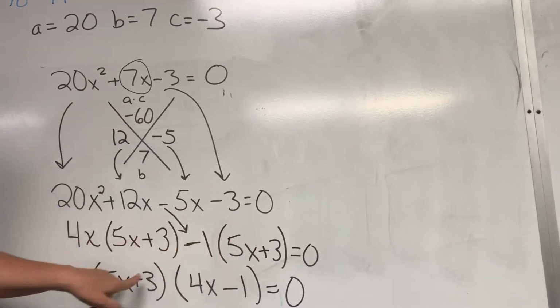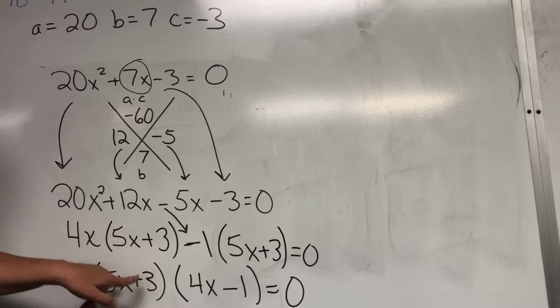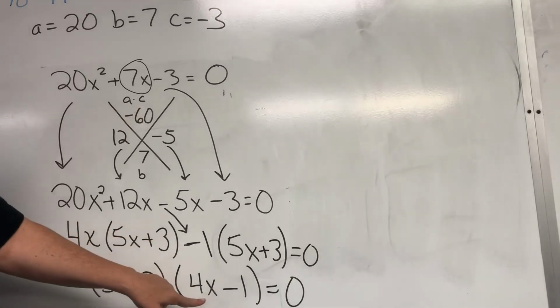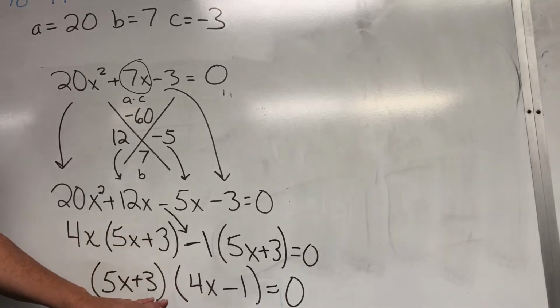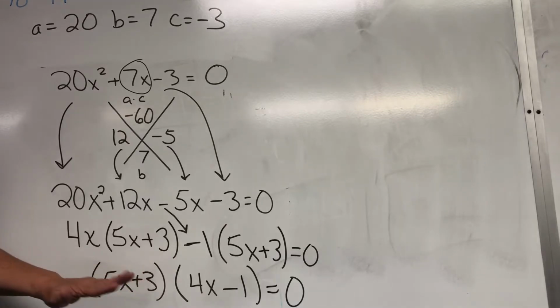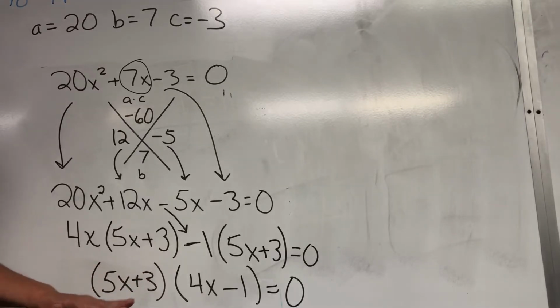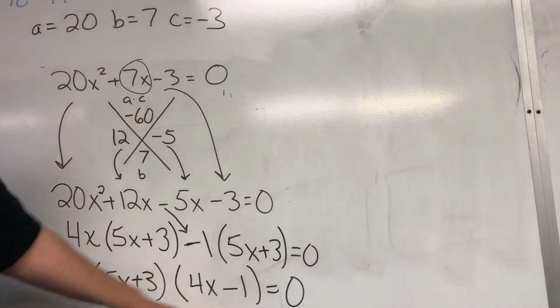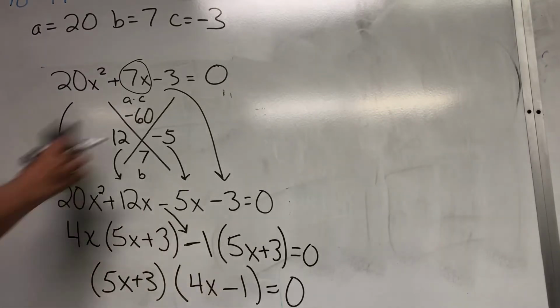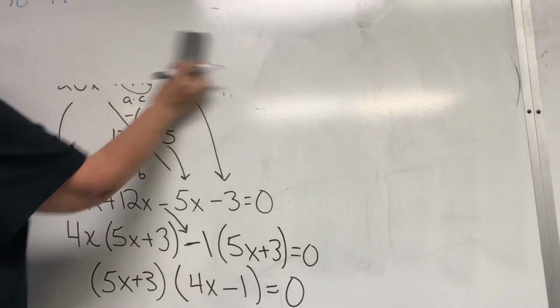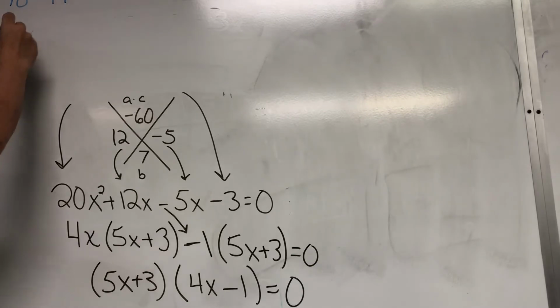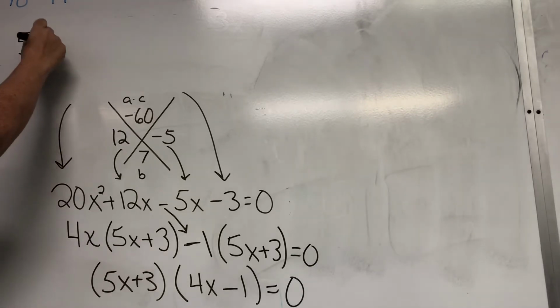I factored out the common binomial, the greatest common factor, and put the other factor in parentheses, set equal to 0. Since the direction said to solve for x, I now need to set each of these individually equal to 0. I'm going to come back up to the top here and do that work.